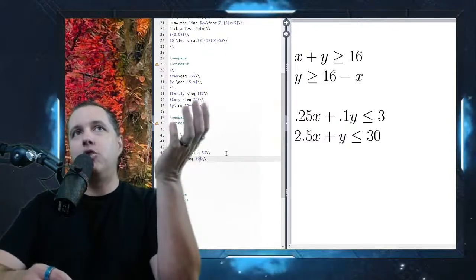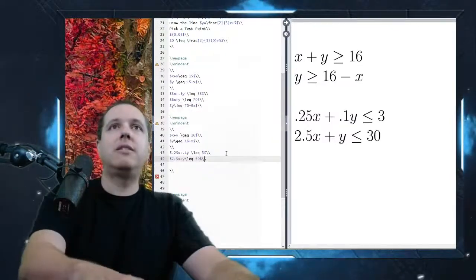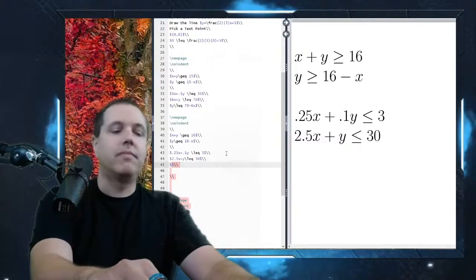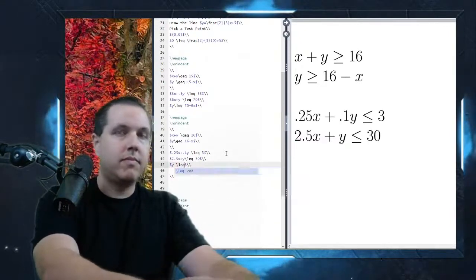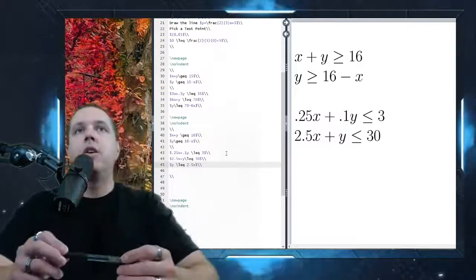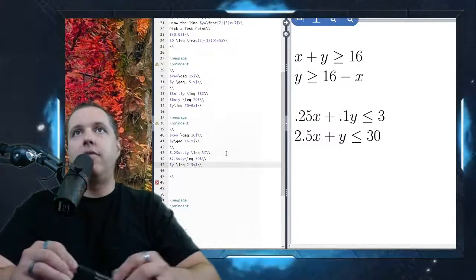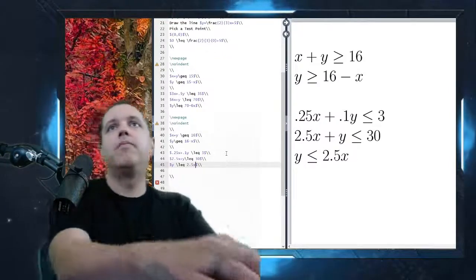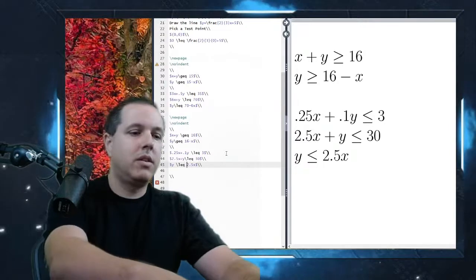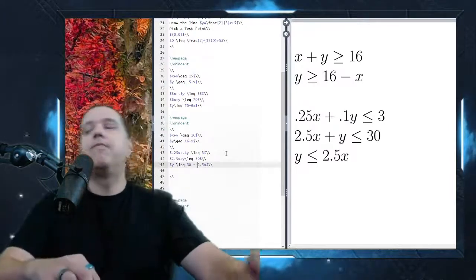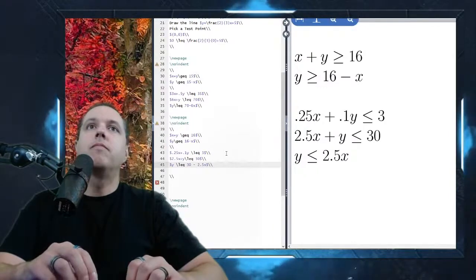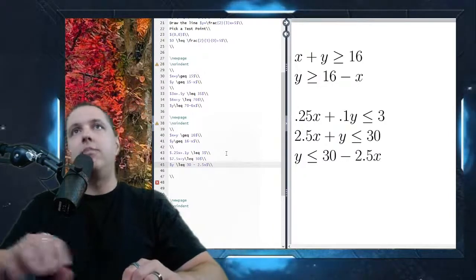Now I subtract 2.5x from both sides. Y is less than or equal to 30 minus 2.5x.